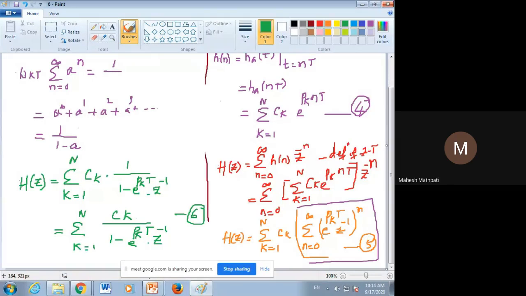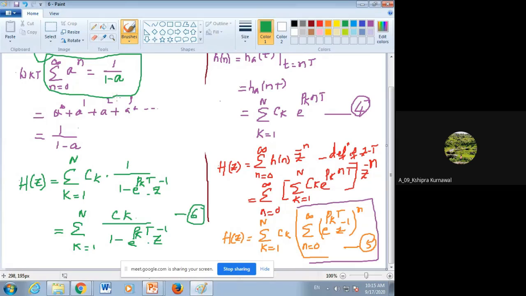This is the formula we have seen already, and we have used it many times. Do you have any confusion related to this formula?